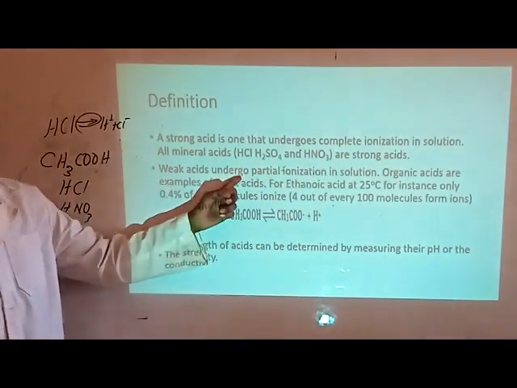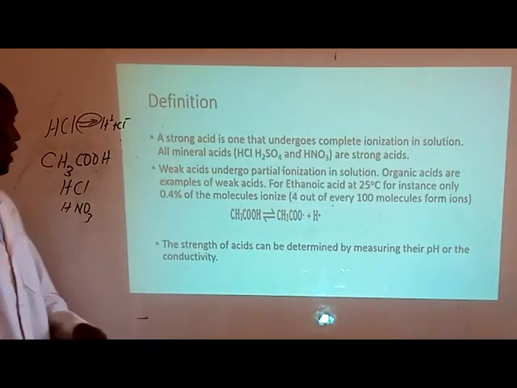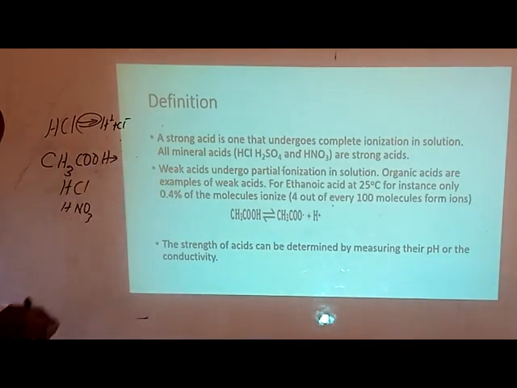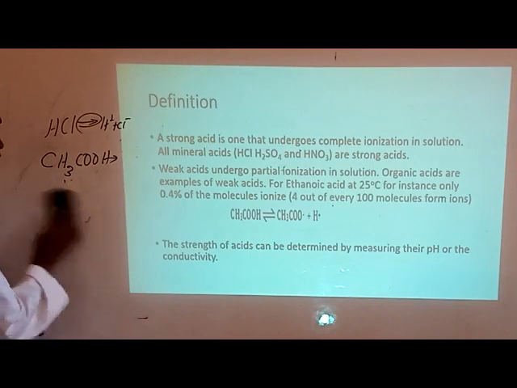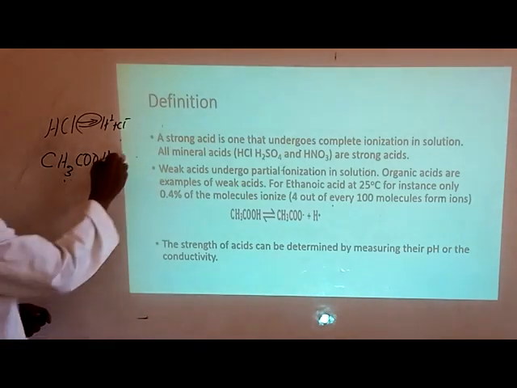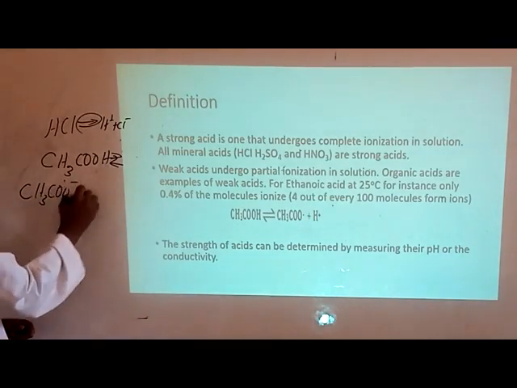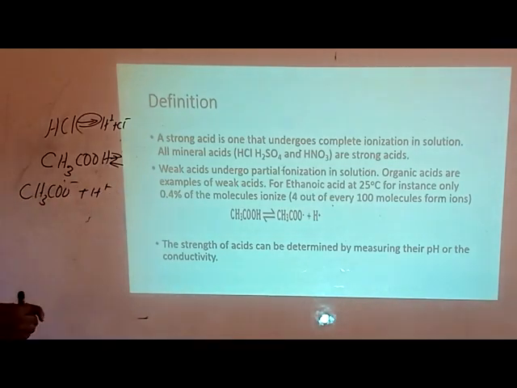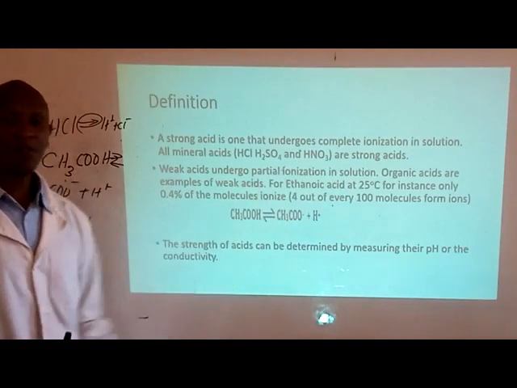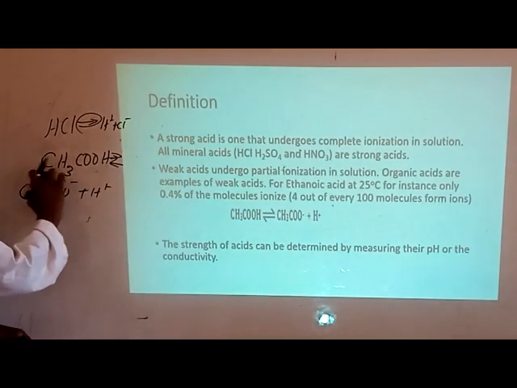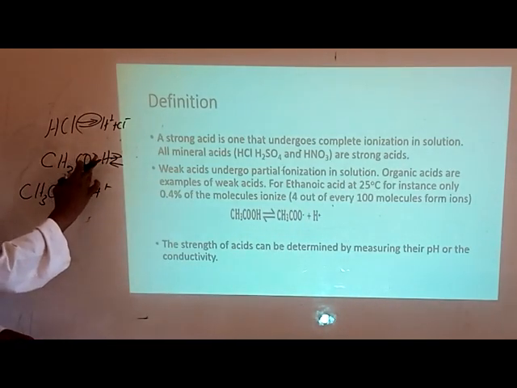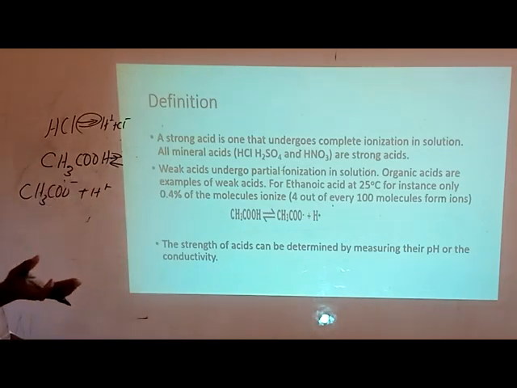It undergoes partial ionization, so that when you dissolve this in water, it will ionize reversibly to form the ethanoate ion and the hydrogen ions. In fact, from experiment at 25 degrees Celsius, only 4 out of every 100 molecules will ionize.